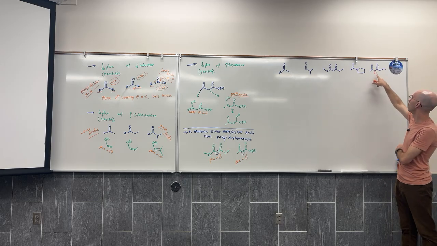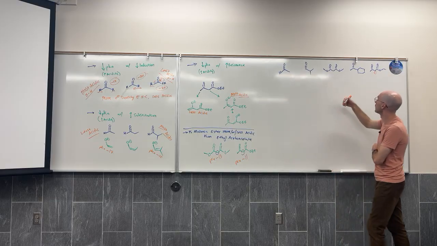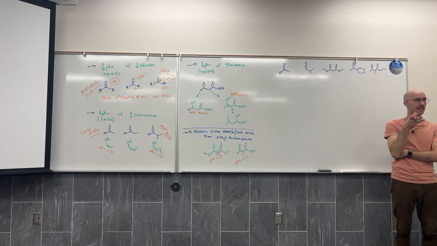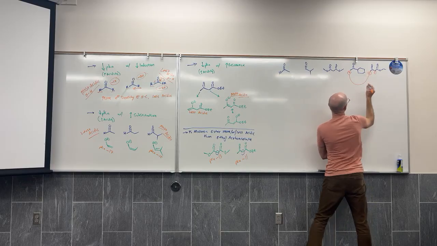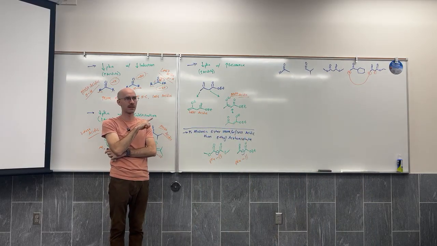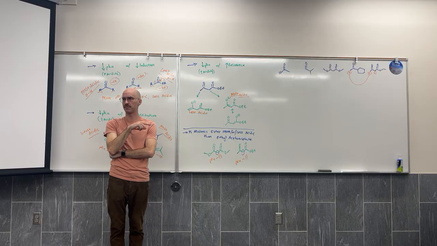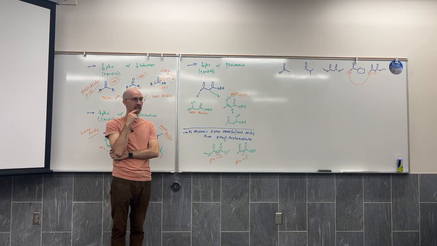We're looking at 1, 2, 3, 4, 5, 6, 7 positions. So we should be listing this as our 7th most acidic, our least acidic. But would you agree that number 7 out here feels very much related to the other methyl group adjacent to a ketone? How could you tell the difference between them? You really couldn't.